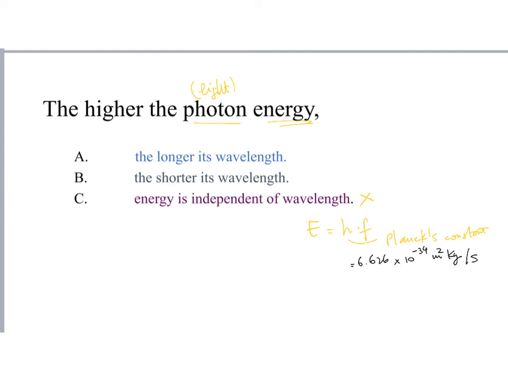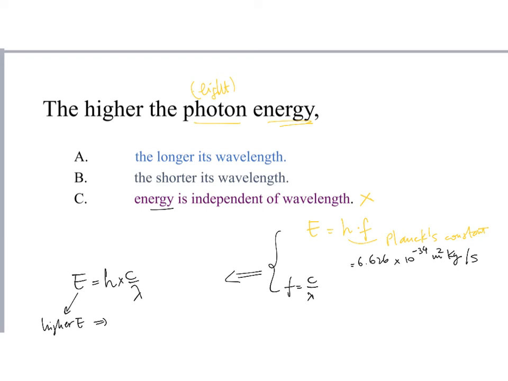All right, so it's definitely energy dependent on wavelength, right? Because you might recall the frequency is actually c over wavelength. So let's put them together. Energy is going to be h times c over wavelength. All right, so that means higher energy, right?